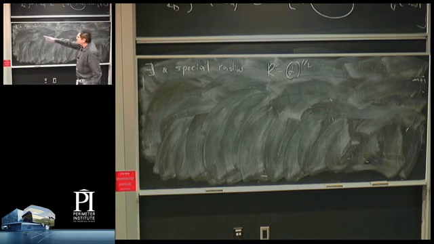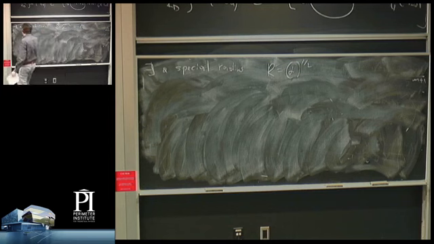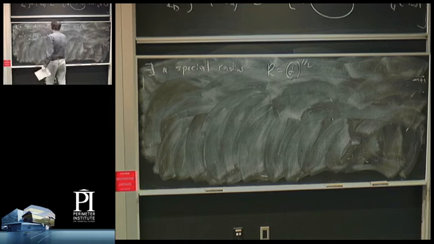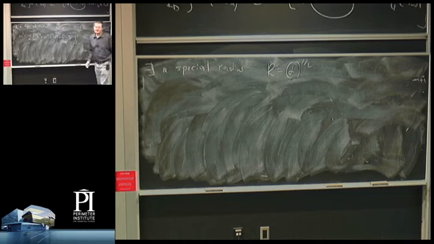So if I substitute that in the formula, then my mass formula takes the following form: m squared equals 1 over alpha prime, and then what do I have? N squared plus omega squared plus 2(N plus Ñ) minus 2.